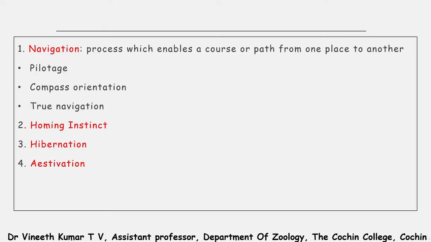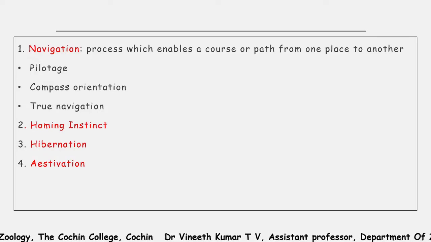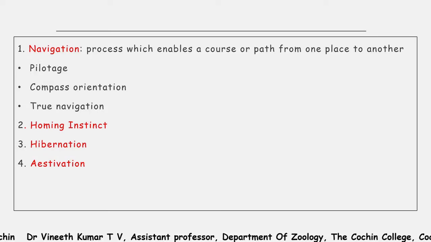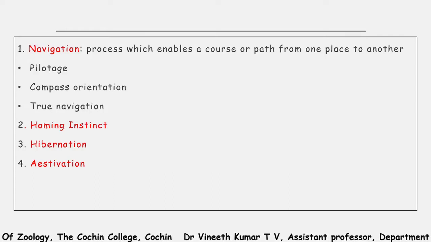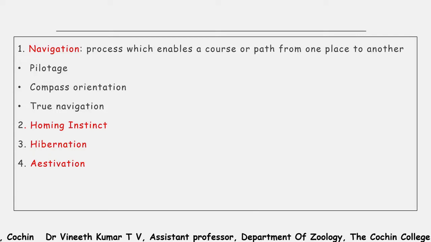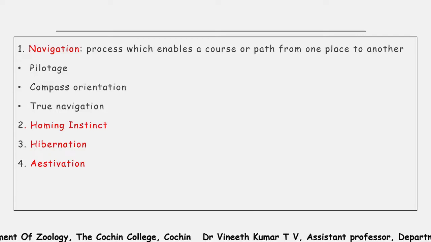This thick fatty layer has two important functions during hibernation. One is that it acts as an insulator, so that the effect of temperature is less on the main organs like the heart and the brain.